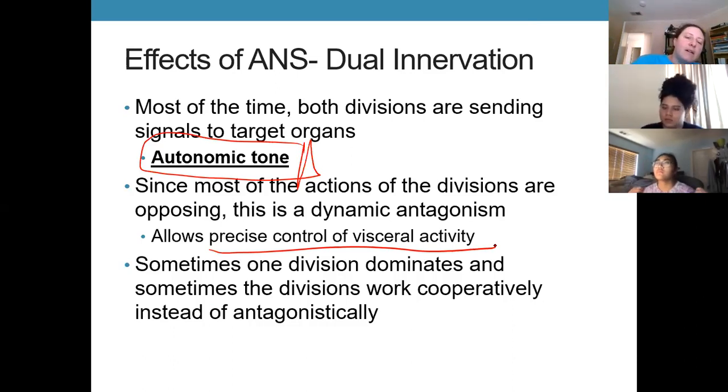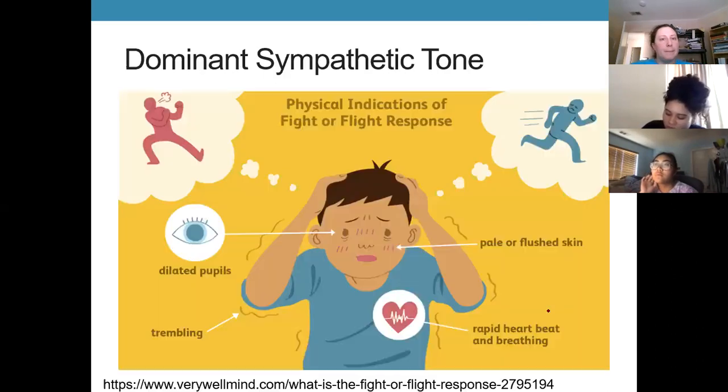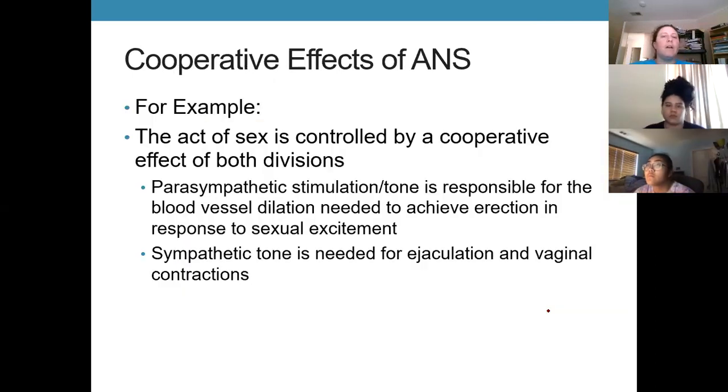And then, as I said, there are some times where they work cooperatively, and I'll give you an example of that in a little bit. So, diagram again, high sympathetic tone, just for a visual. And then our one good cooperative example is sex. Sex actually requires cooperative control between both divisions of the autonomic nervous system.